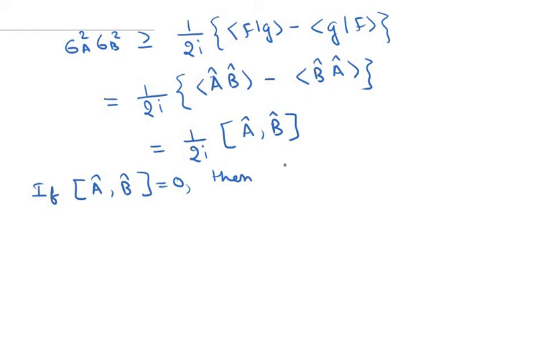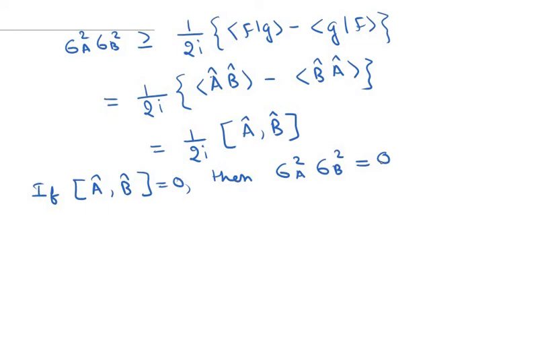What I said earlier is that if the commutator of two operators is 0, it means they share the same set of eigenstates, or at least the eigenstates of one operator are a subset of the eigenstates of the other.